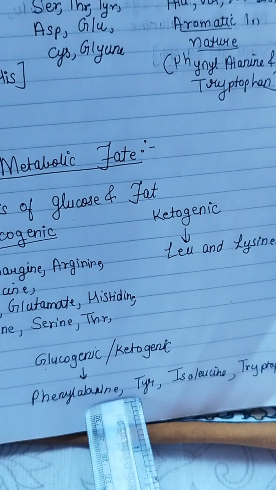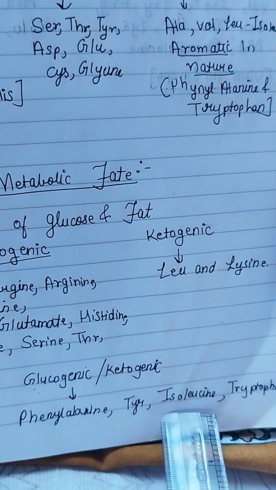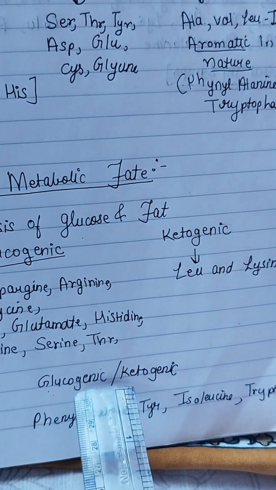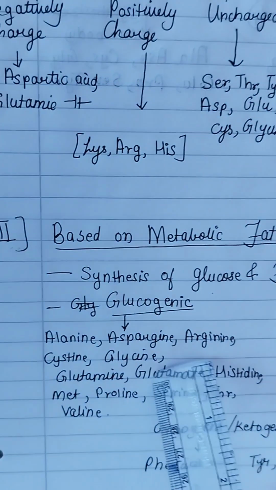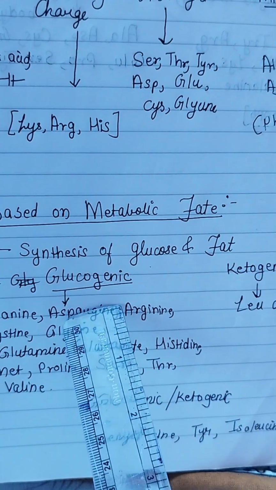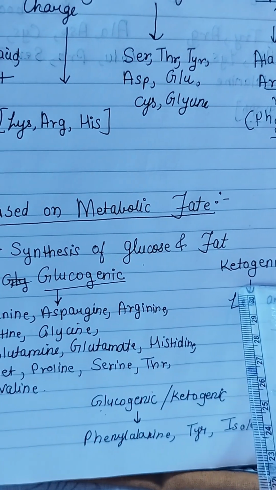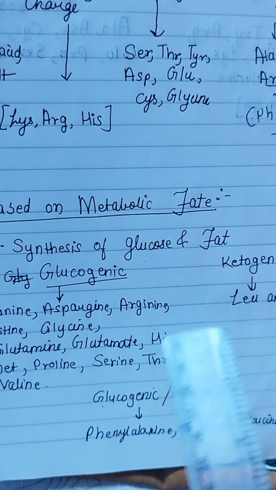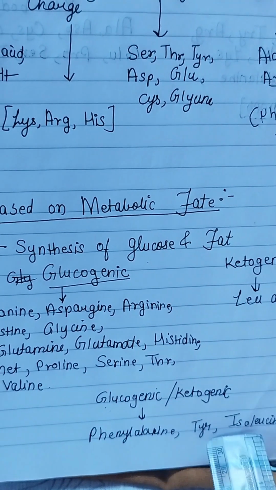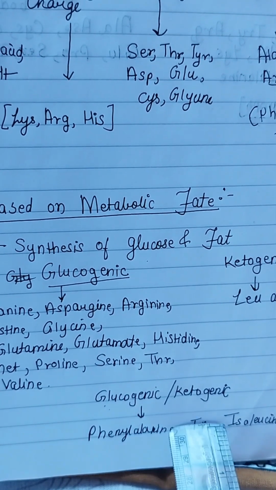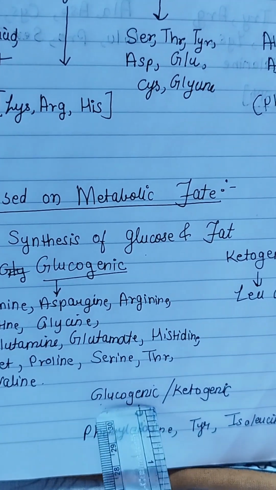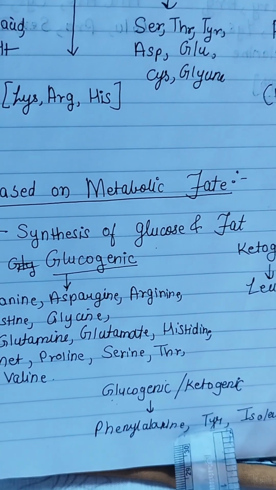You can shortly call it PITT, that is phenylalanine, tyrosine, isoleucine, and tryptophan. So based on metabolic fate, these are glucogenic, ketogenic, and the third part which takes part in both. Only these four take part, P-I-T-T. You can call this a short form.